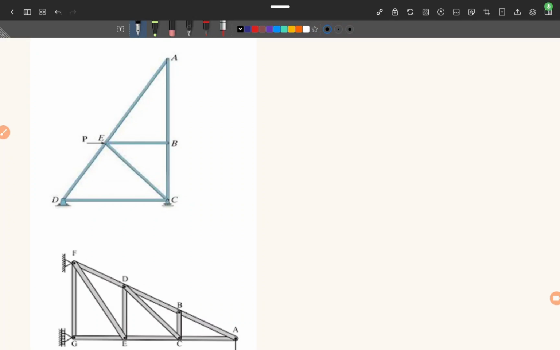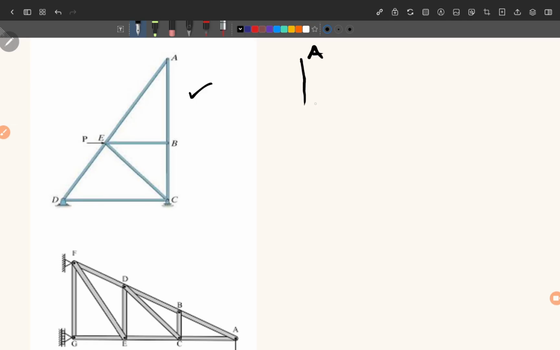Okay, now we take this example and we apply these two rules to check for zero force members in this given truss. So first of all, look at joint A. At joint A you can see that there are two members.